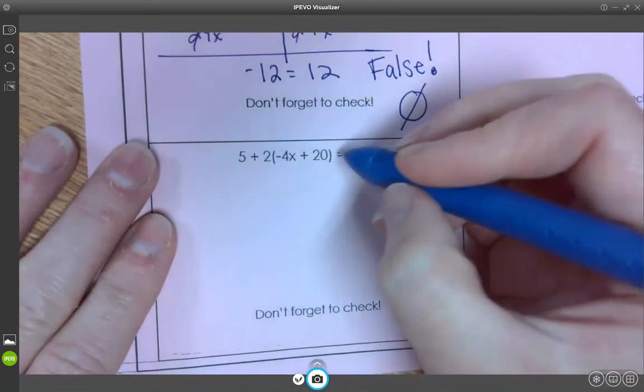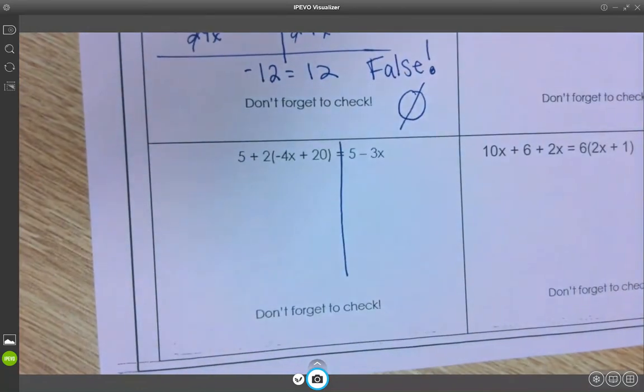Let's go to this next one. Draw your line down your equal sign.